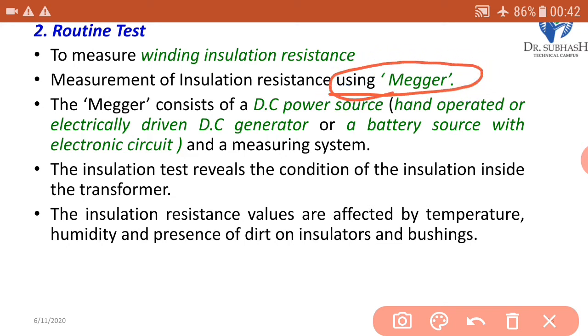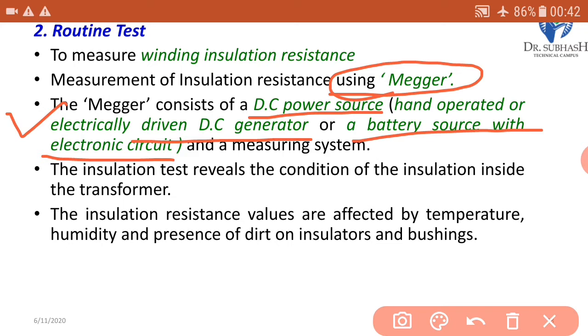Megger is the instrument to measure the insulation resistance. The Megger consists of a DC power source, a hand operated or electronically driven DC generator, or a battery source with electronic circuit, and a measuring system.